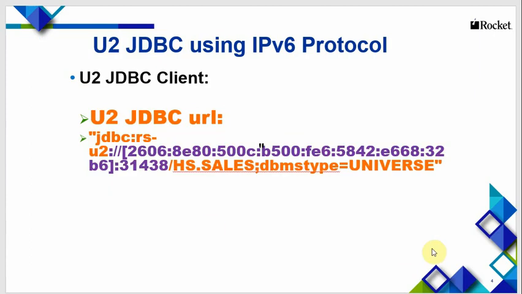Next will be the U2 JDBC client. For the JDBC client, we have a syntax. You need to use square brackets to contain the IPv6 address, so the JDBC client can recognize your IPv6 address.